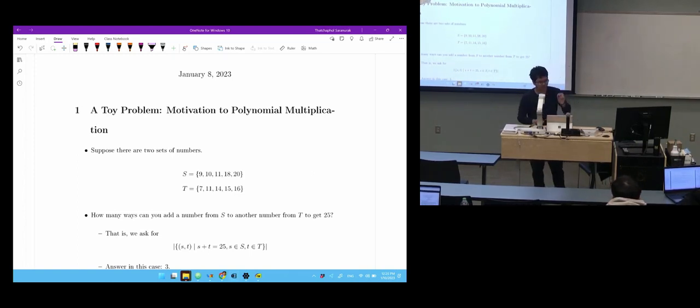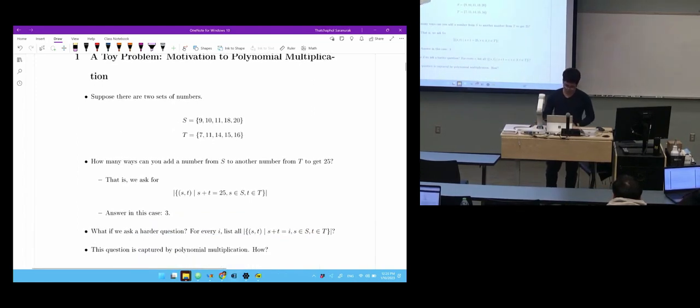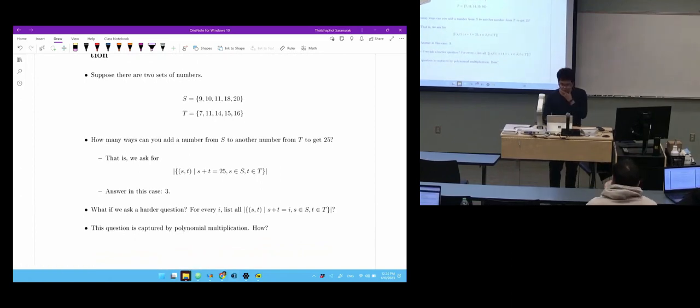Anyway, you can do it for one number. You can do it in O(n) time. But what if I asked you a harder question? Instead of fixing one number like 25, I actually want you to do this for every number I. For every I, I want you to count how many ways you can pair up numbers so that you get the sum of I. For one fixed I, you can spend O(n) time. But what if I want to do this for all I simultaneously?